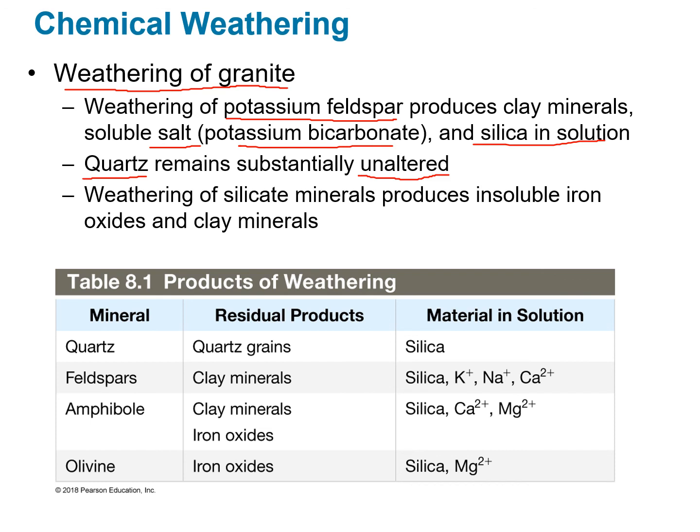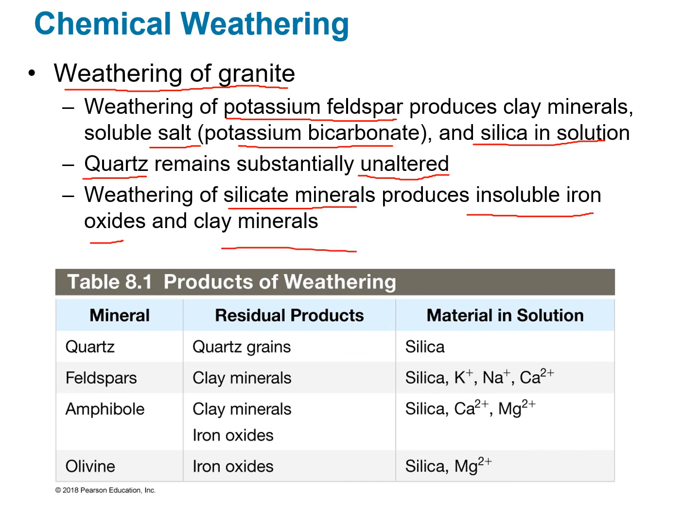This is why quartz perhaps breaks down into smaller pieces because of mechanical weathering and eventually becomes sand. That's why a lot of our beaches in the state of Florida are mainly composed of quartz. And then all the other silicate minerals we've talked about will produce insoluble iron oxides and other clay minerals.